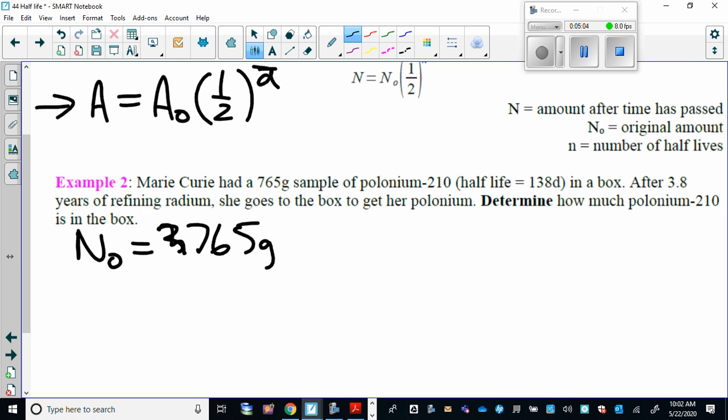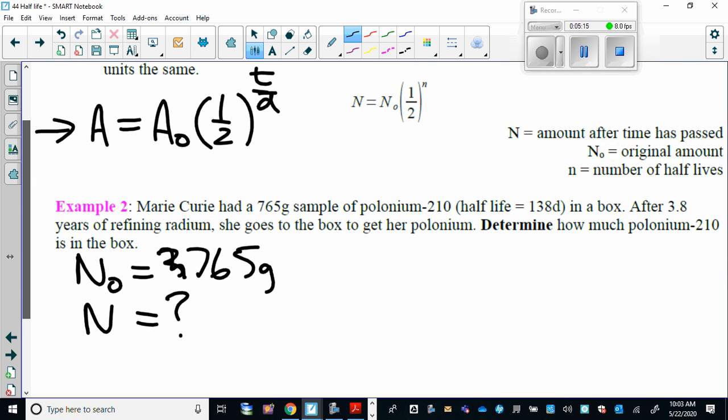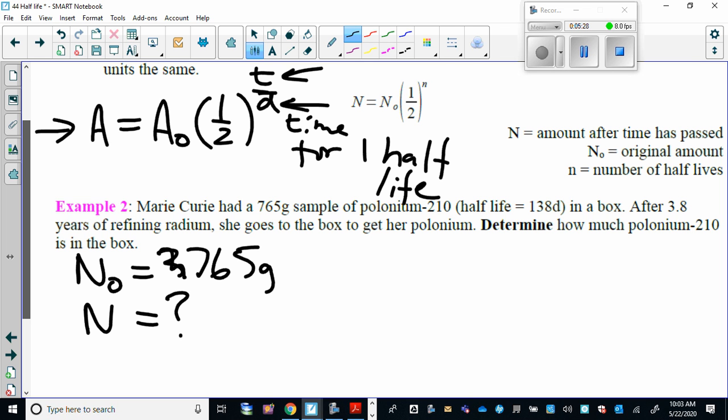We are trying to find out what the final amount is. And we have the half-life, which in this formula is the time for one half-life. And then here is the time period that we're referring to, which would be the 3.8 years.